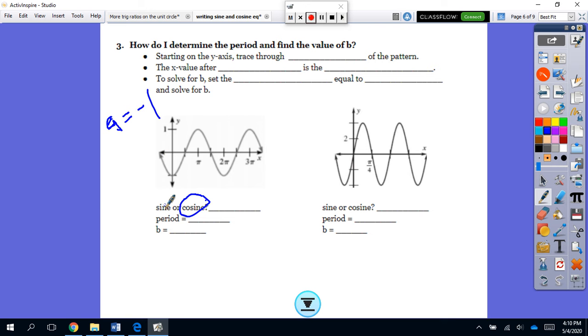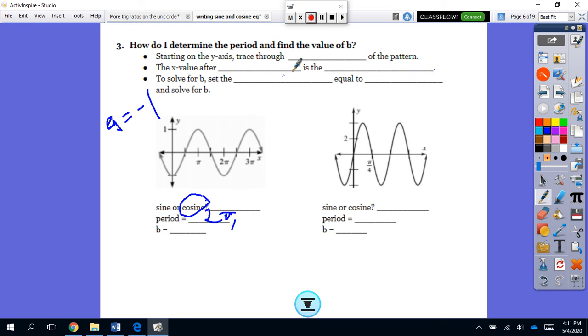Now, how do you figure out the period? Well, remember, it's cosine, so it's got to go min, 0, max, 0, min. That period ended at 2 pi. Once you go through one cycle, that gives you the period.